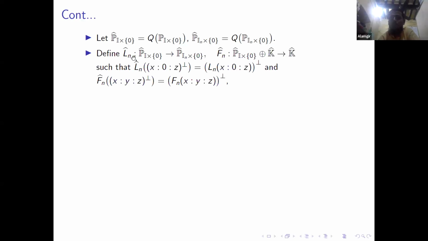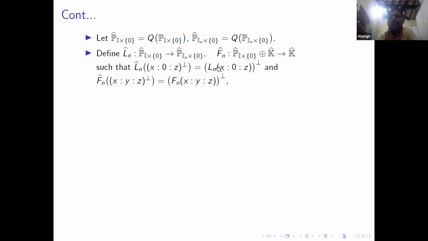And then we define two maps, Ln hat and Fn hat. Ln hat is where we consider the dual hyperplane x0z, which is nothing but the hyperplane of the image of that point.